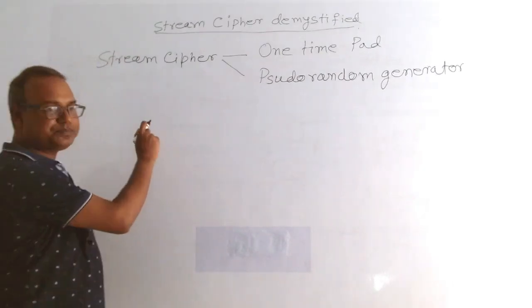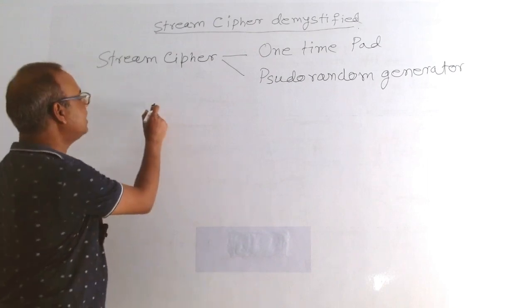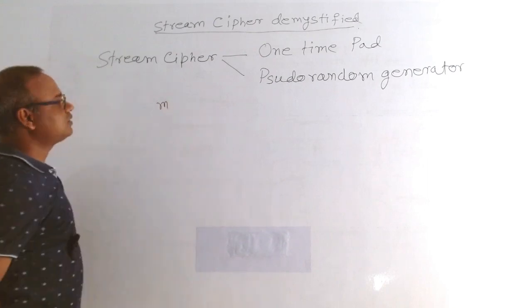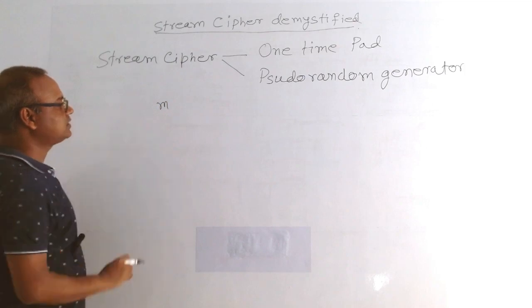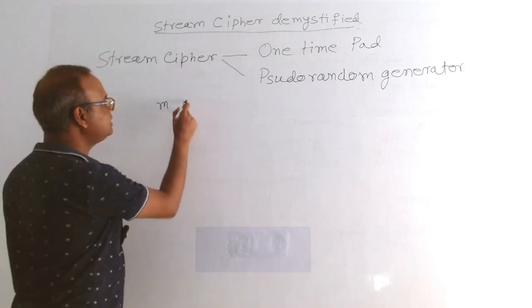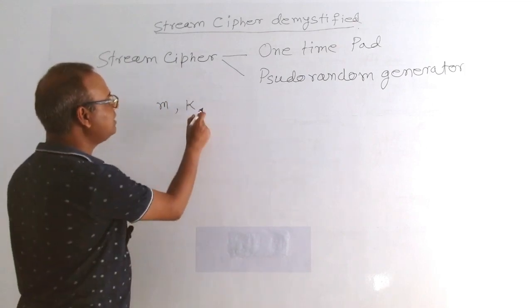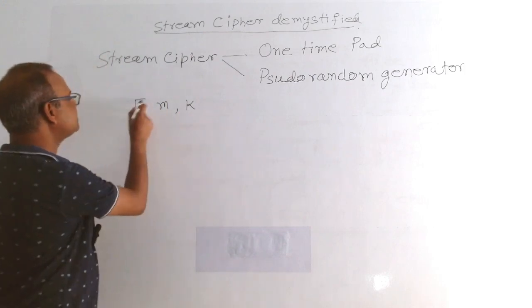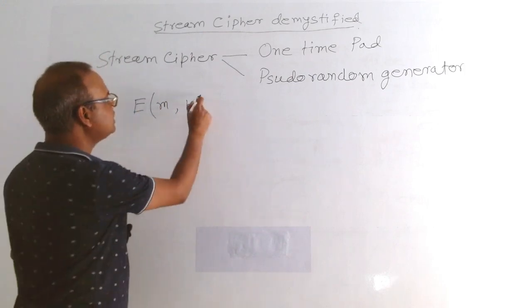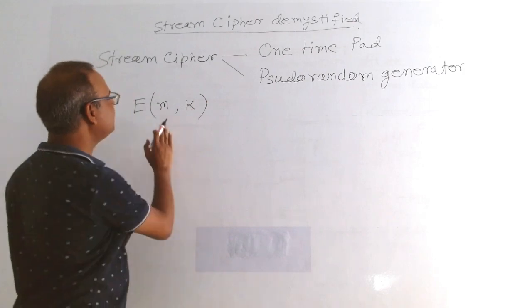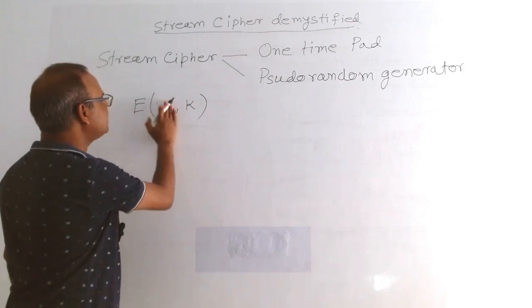Let's say the message we want to transfer is small m, and we have a key k, and we have encryption algorithm E, which is taking m and k. We generally write k first and m later.